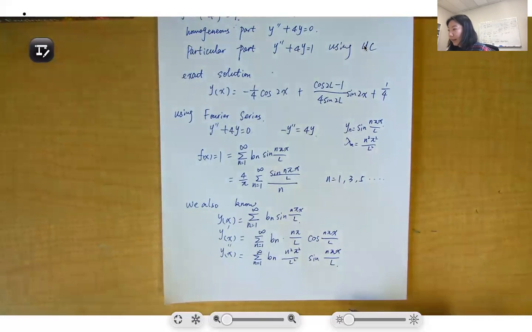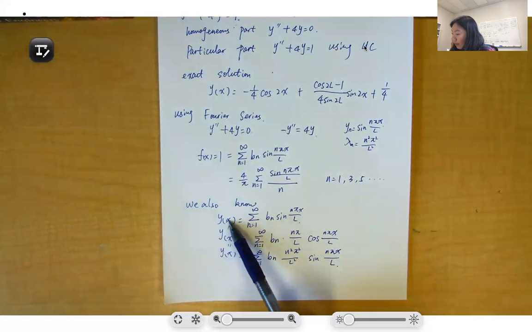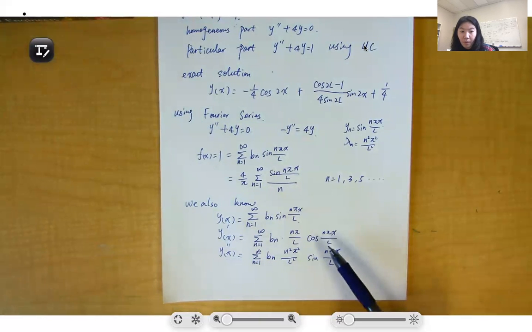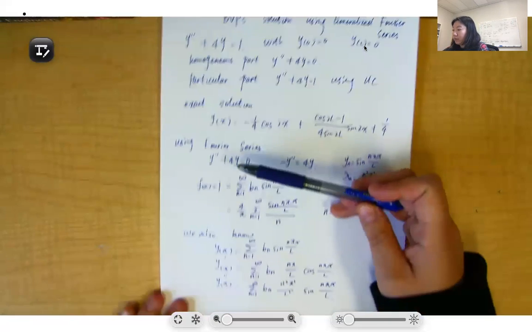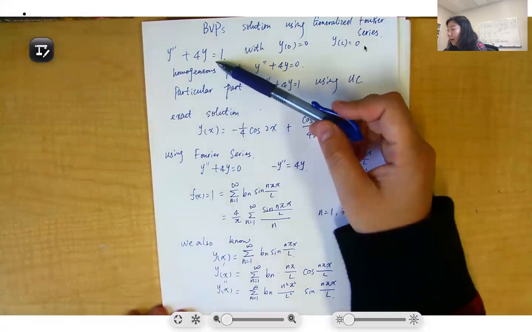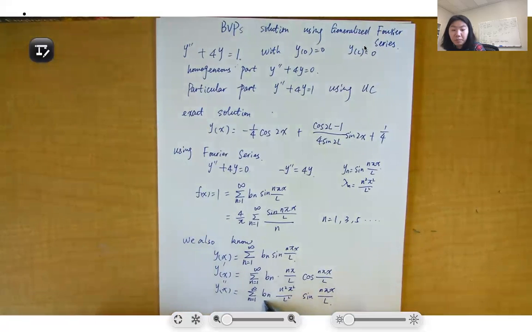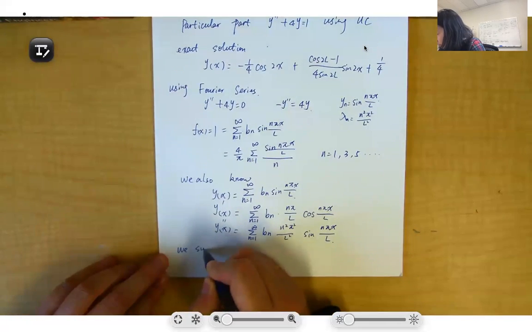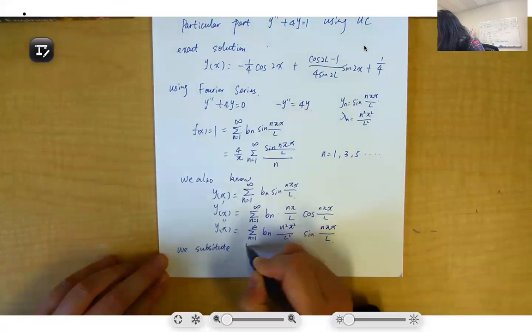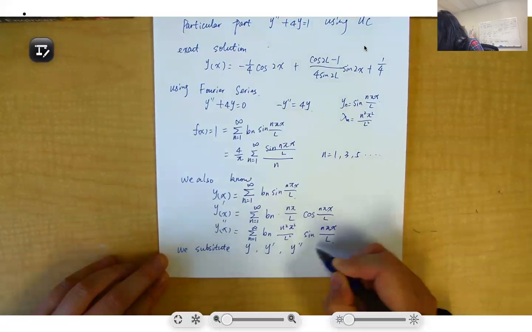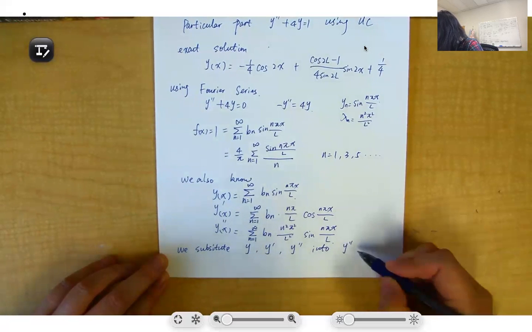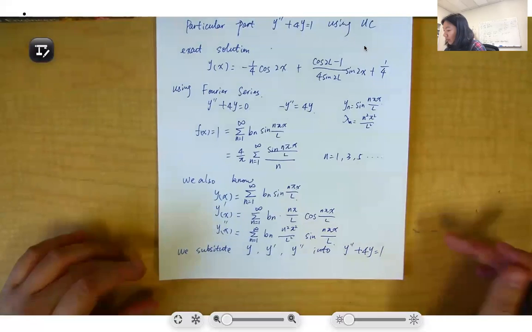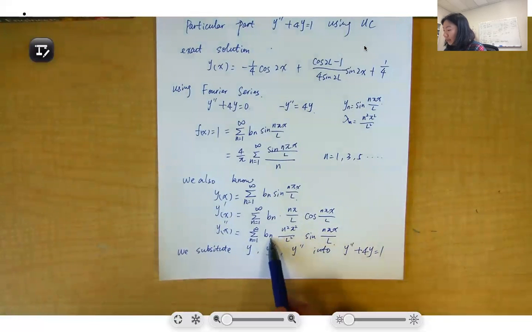Then we can substitute y'(x) and y''(x) in the generalized Fourier series form into our original ODE, y double prime plus 4y equals 1, to figure out our coefficient b_n.